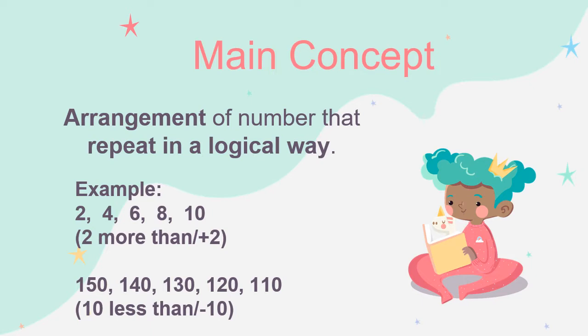Okay. Example below, the last example: 150 and then minus 10, 140. Minus 10 again, 130. Minus 10 again, 120. Minus 10 again, 110. So, it also repeats in a logical way.